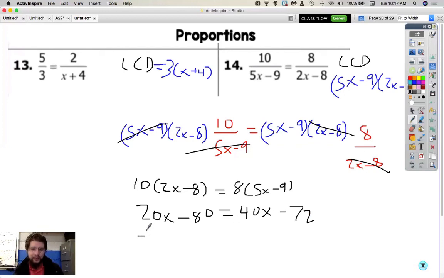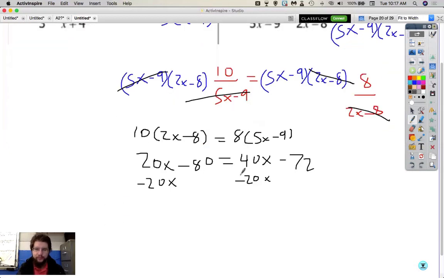I like positive x's, so I'm going to subtract 20x from both sides. You don't have to. You could get to the left side if you're more comfortable that way. It doesn't matter. And then I need to add 72 to both sides.